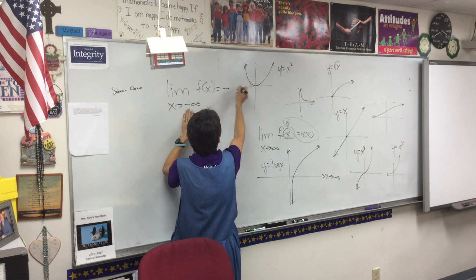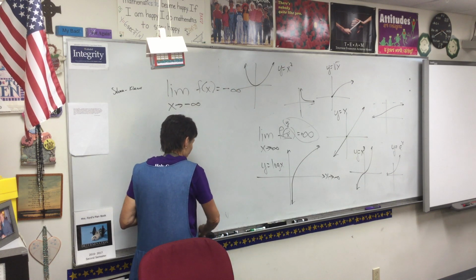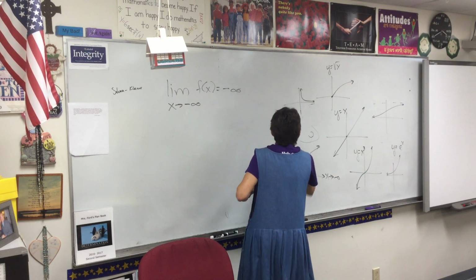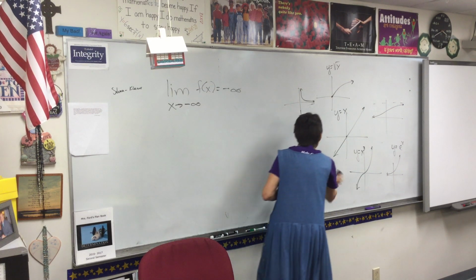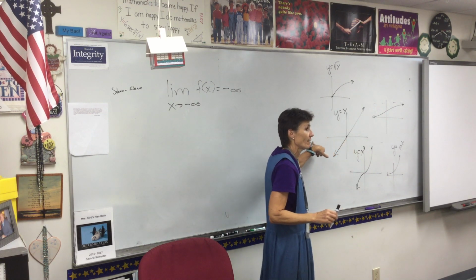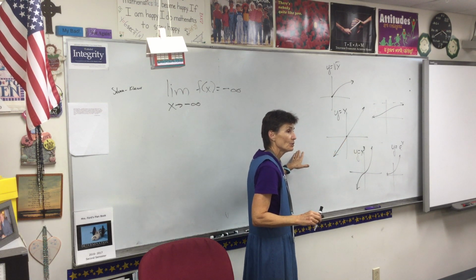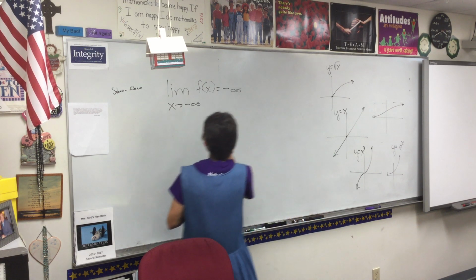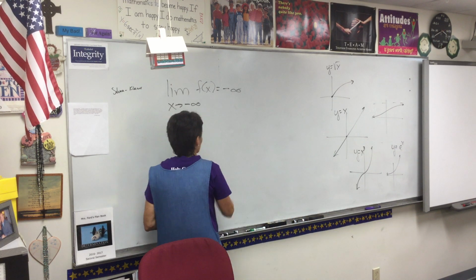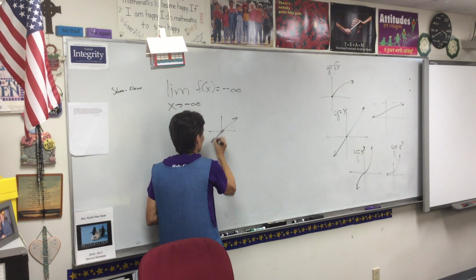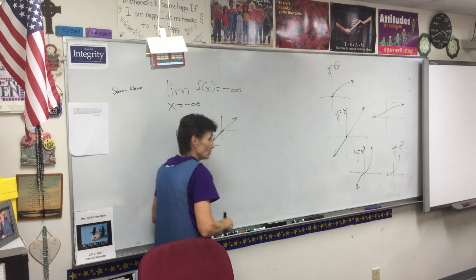Y is going also to negative infinity. So there are three functions that when you go to the left, all the way out here to the left, you're going down. Isn't that one of them right there? So one of them is the identity. This part right here is what we're talking about. As you go left, you're going down.